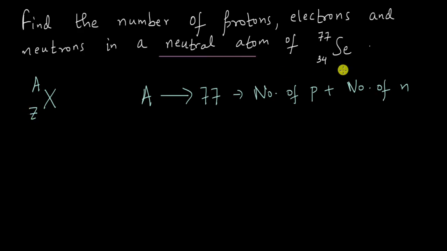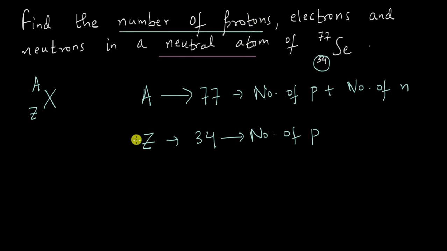And we are also given Z. Z, which is the atomic number here, is 34. Lower left side we have 34. And this is the number of protons. This is what atomic number means. Atomic number is the number of protons. So we already have the first number that we wanted, the number of protons. So the first part will have an answer of 34.